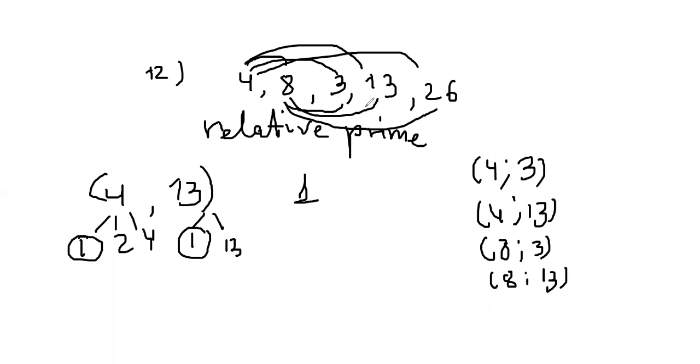So we don't consider them. Let's go forward. 3 and 26. Again, they are relatively prime because they don't have a common divisor. They are not divisible by any other number than 1. And 3, 13 is also relatively prime.